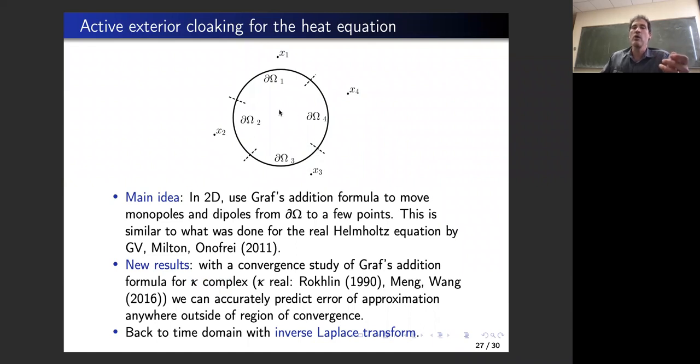So we can tell you how many terms I need in whatever series at each of these locations to reach a particular precision. That's something that we didn't have before, and we didn't have this before either for the Helmholtz equation with imaginary wave numbers. And of course, once you're done with all this in the frequency domain, you can go back with the inverse Laplace transform to the time domain.